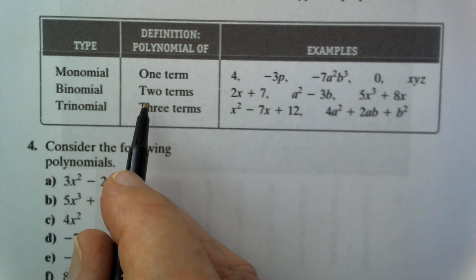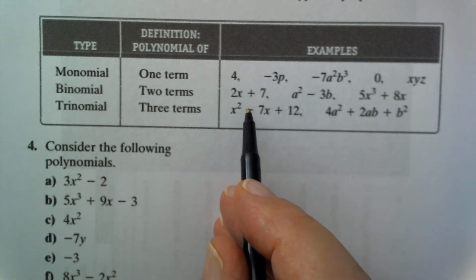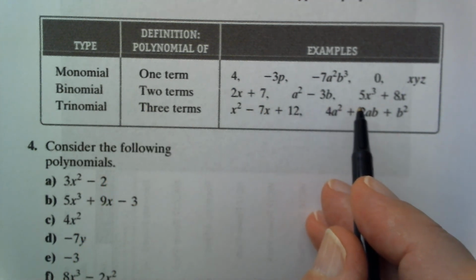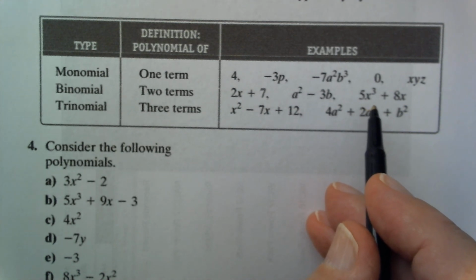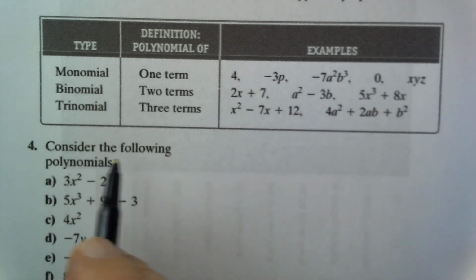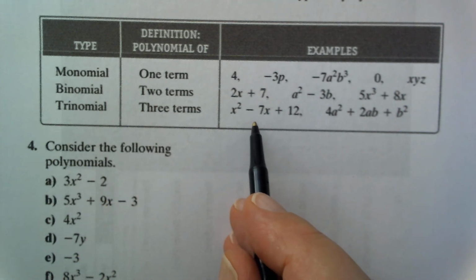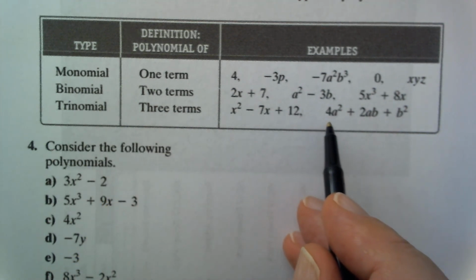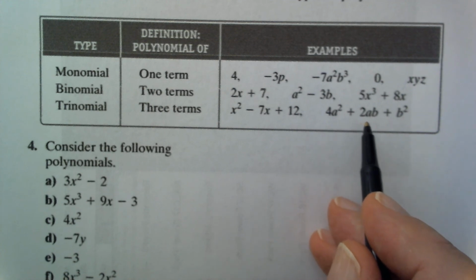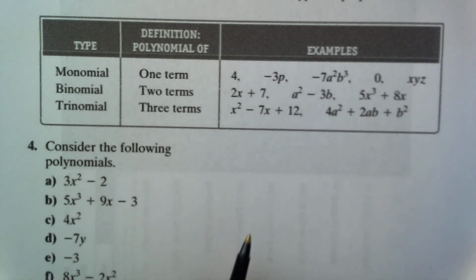And binomials, it means there are two terms, like 2x plus 7, a squared minus 3b, 5x to the third plus 8x. And then trinomials, that means there are three terms: x squared minus 7x plus 12, 4a squared plus 2ab plus b squared. So these are examples of monomials, binomials, and trinomials.